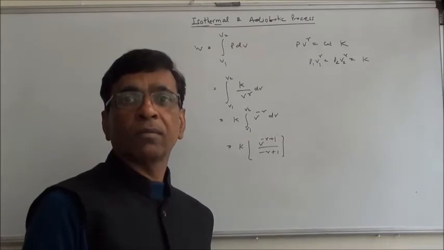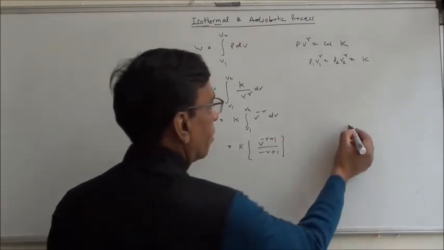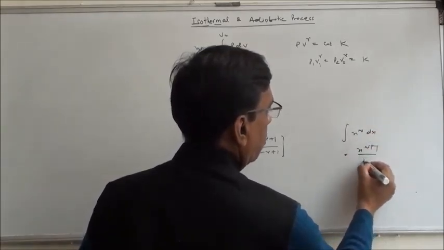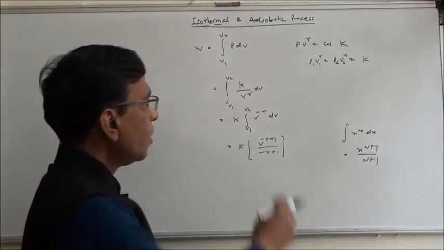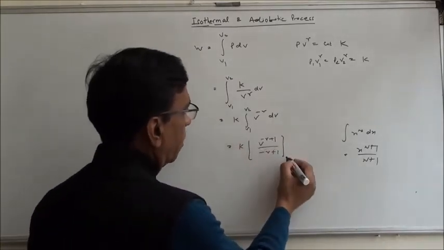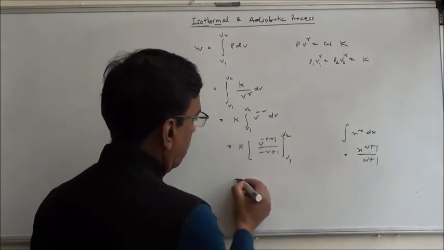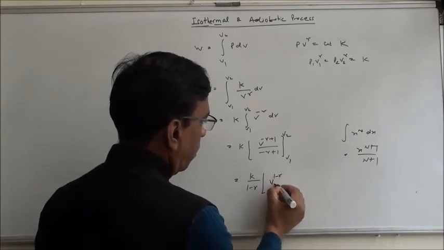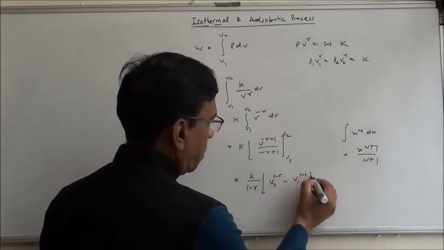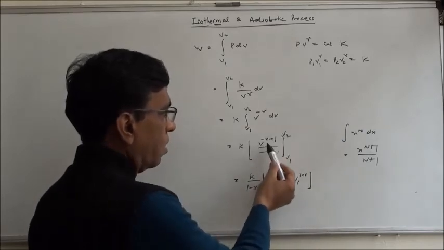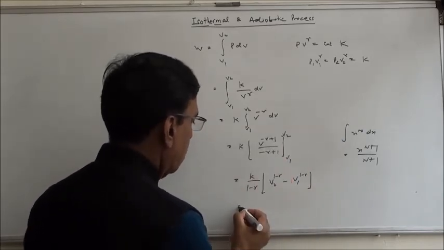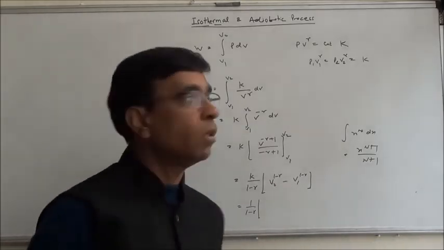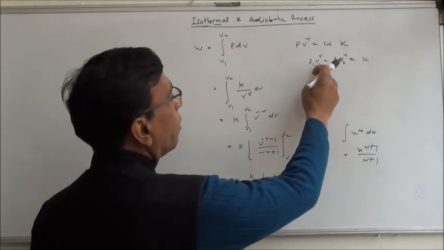The integration of x^n dx is x^(n+1) upon n+1. So V raised to the power minus gamma plus 1, over 1 minus gamma, and the limits of integration are this: V2 to the power 1 minus gamma, minus V1 to the power 1 minus gamma. Now K is not known, but K can be written as P1 V1^gamma or P2 V2^gamma.